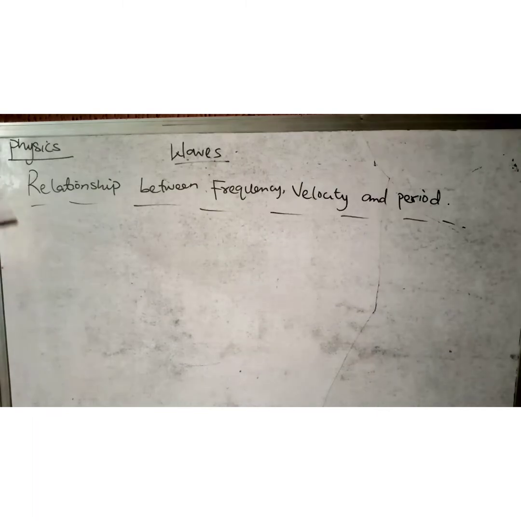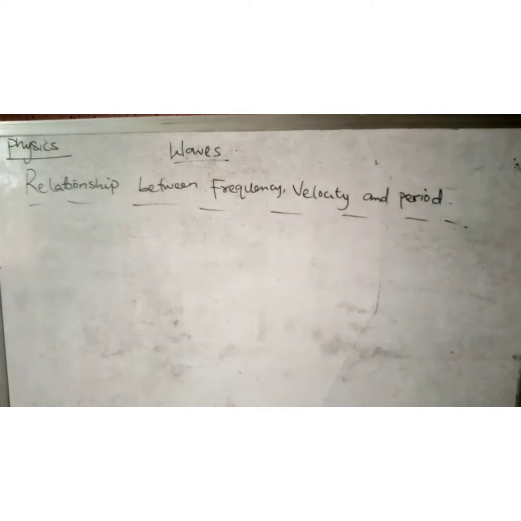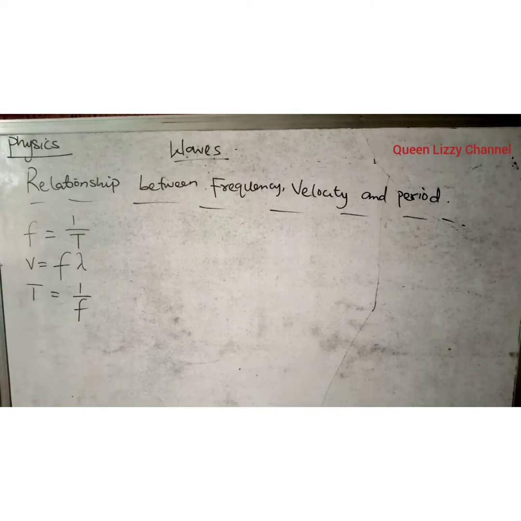Now, let us look into the relationship between frequency, velocity, and period. The relationship is that frequency F is equal to 1 over T, where T is the period. So frequency is equal to 1 over period.